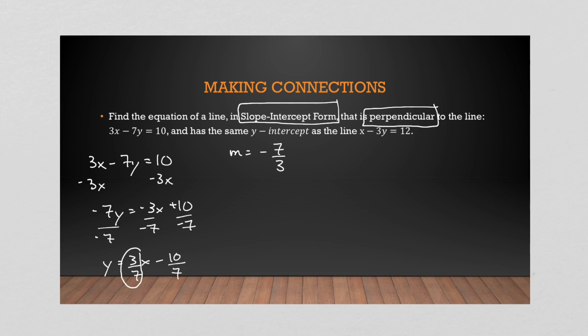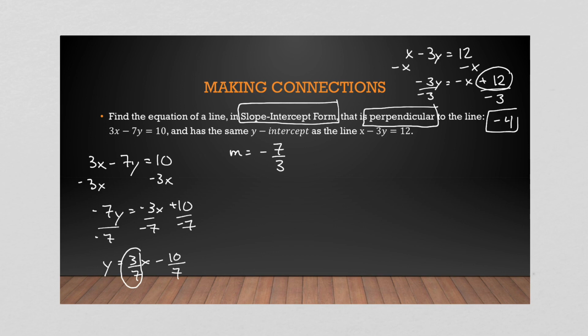It has the same y-intercept as this line. So again, we need slope-intercept form again because we need to know the intercept. But this time, we don't really care about the slope. So if you just look at this, what do we have to do? We have to divide by negative 3. So this is the only bit that matters. We're going to divide it by negative 3, and we'll end up with negative 4.